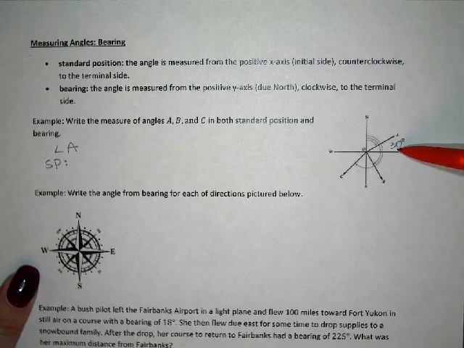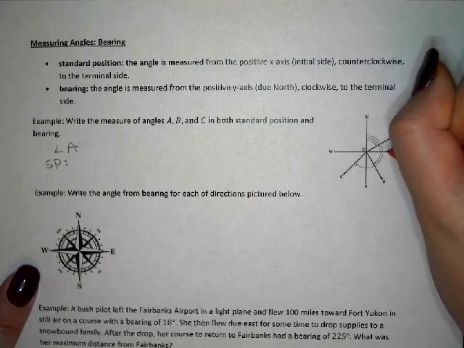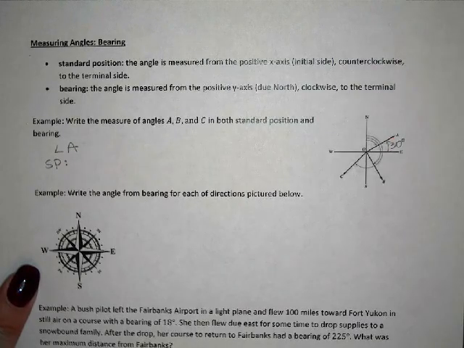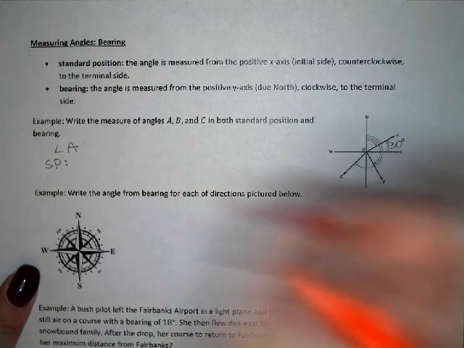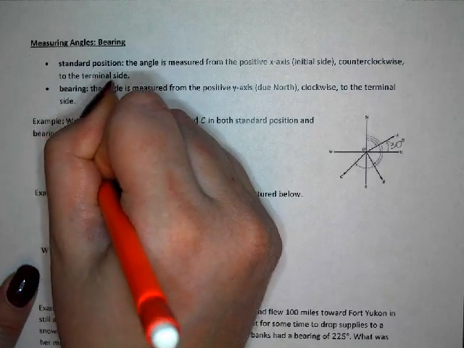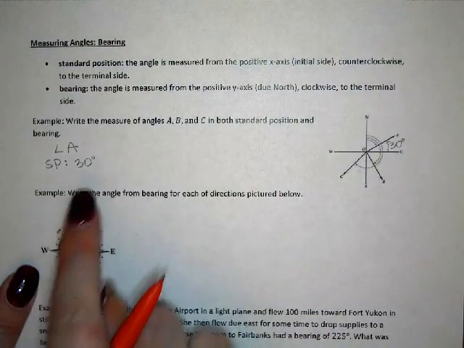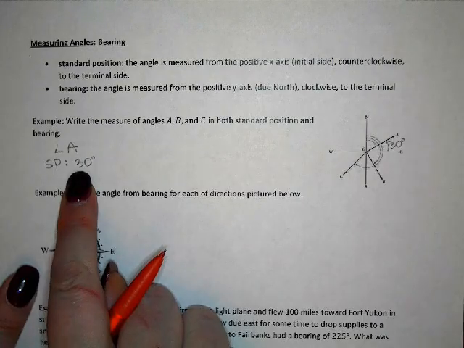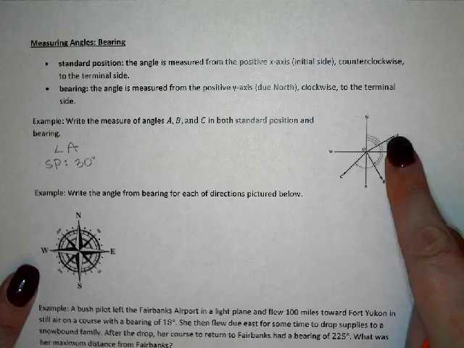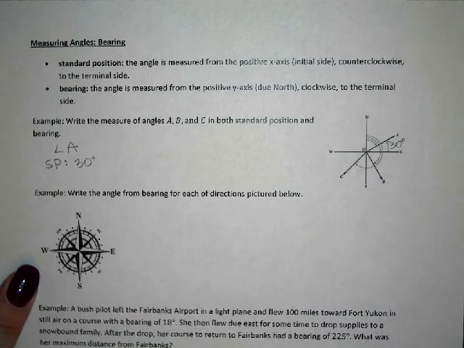That's what we would call this in mathematics. If we're talking about this same position, but we're doing bearing, or from a compass perspective, we would say that from due north, we have gone clockwise 60 degrees. This would be bearing 60 degrees for that same position.